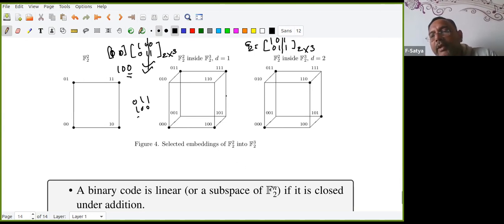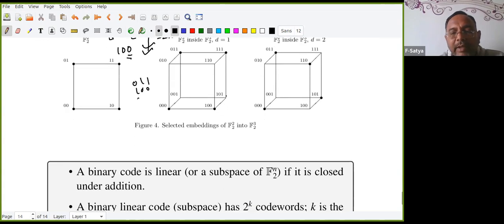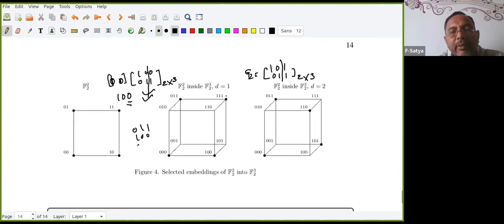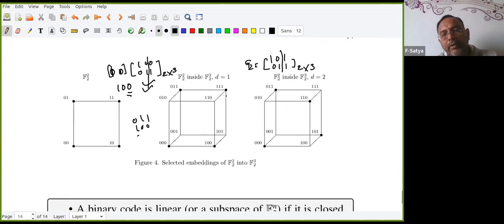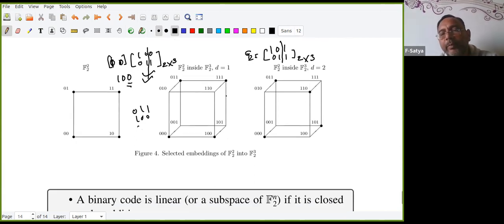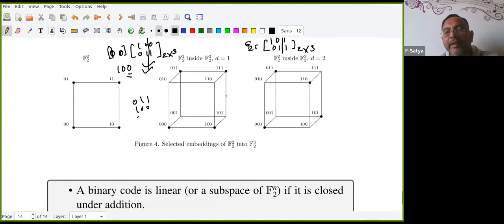That's why you can detect one error easily, because if one error happened, it becomes odd. We discussed this, okay? So I'll stop here, but what I want to convey to you is that choosing a nice basis, a nice subspace inside, both are subspaces of F2 power 3, but the second one is an advantage, okay?